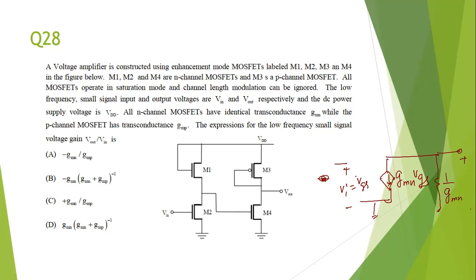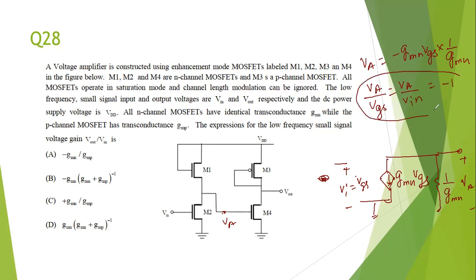Let's say this output is VA, and this is V input. So VA equals minus GMN into VGS into 1 upon GMN. So VA by VGS, which equals VA by V input, is equal to -1. Now this VA becomes the input for M4.